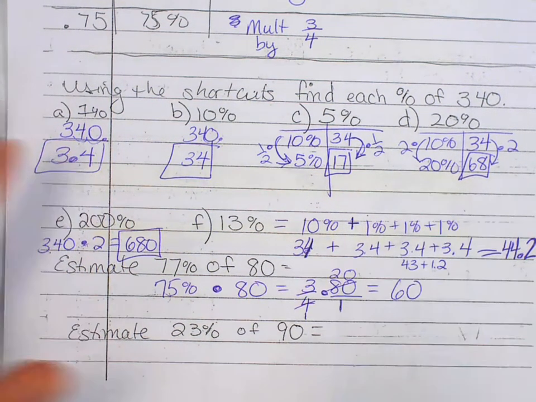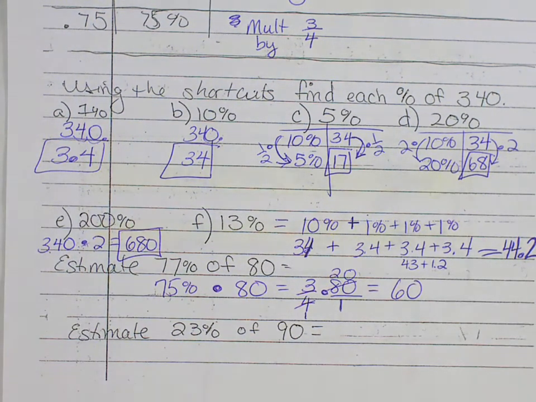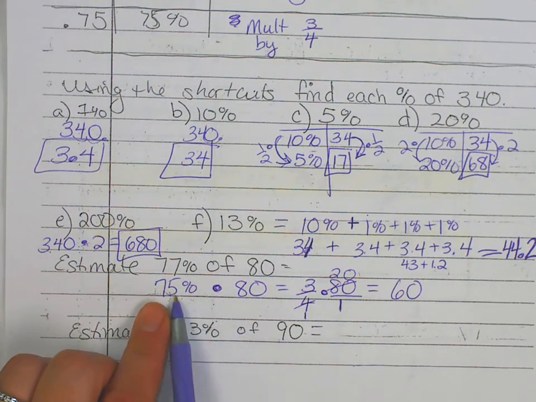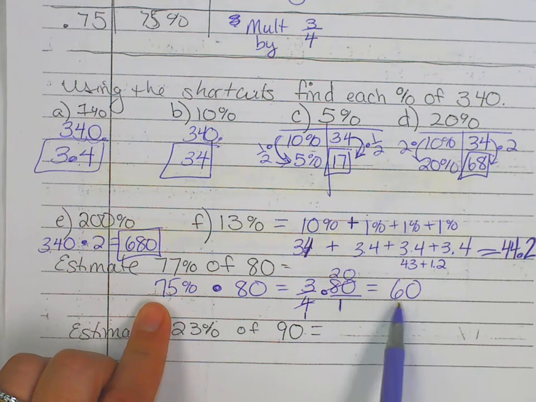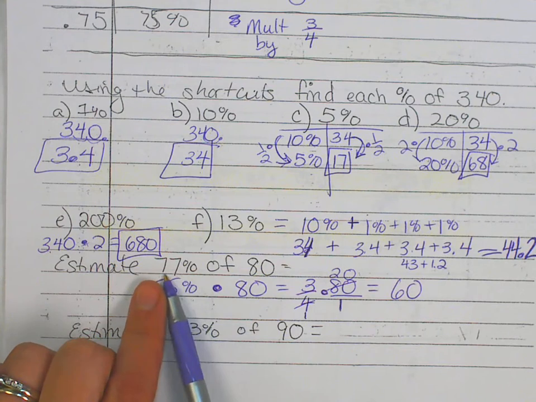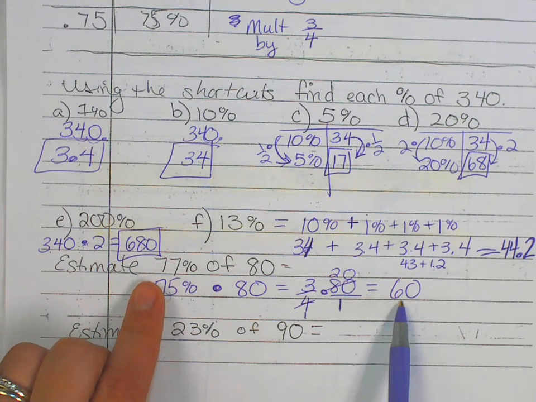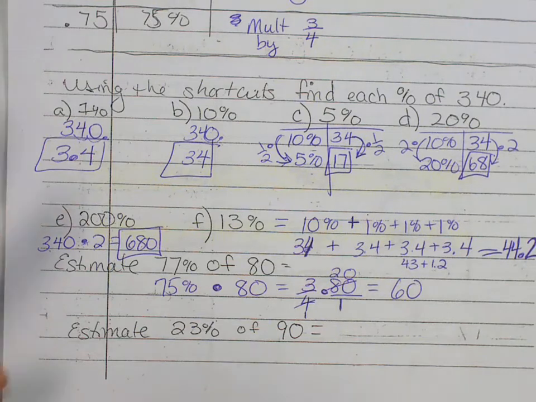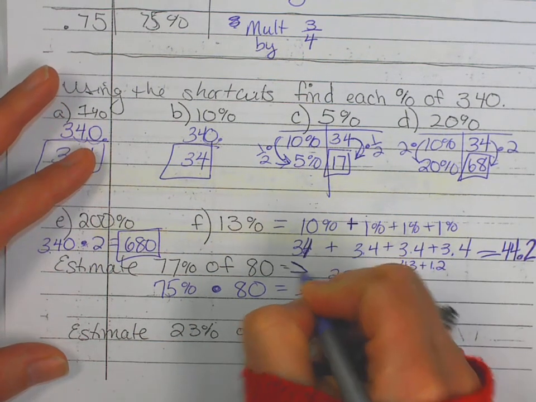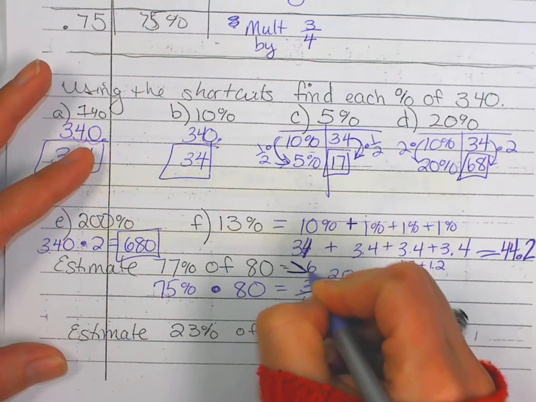So where would the real answer be? If I did a lower percent, then this number is a little lower. So this 77% of 80 is going to be something a little bit higher than 60. It's a little bit greater than 60.